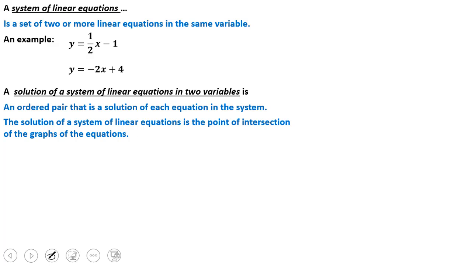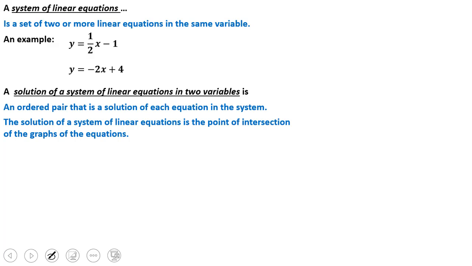You were to take a couple of notes from the top of page 204 from the Big Ideas 8th grade book that I showed you how to access on our website. It takes you right to it. So you know that a system of linear equations is a set of two or more linear equations in the same variable.